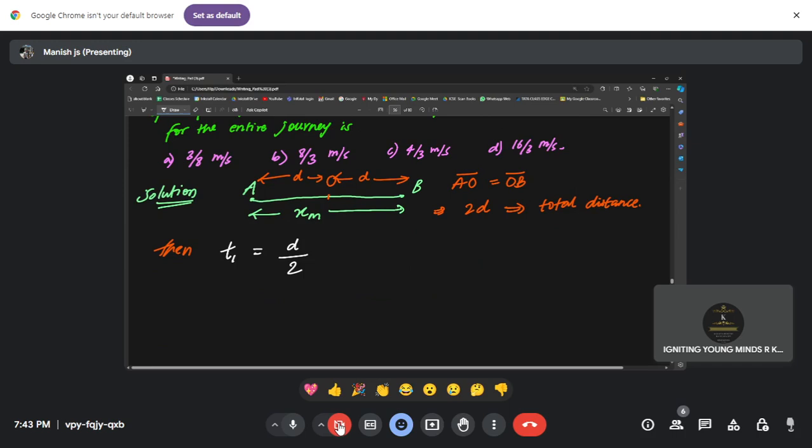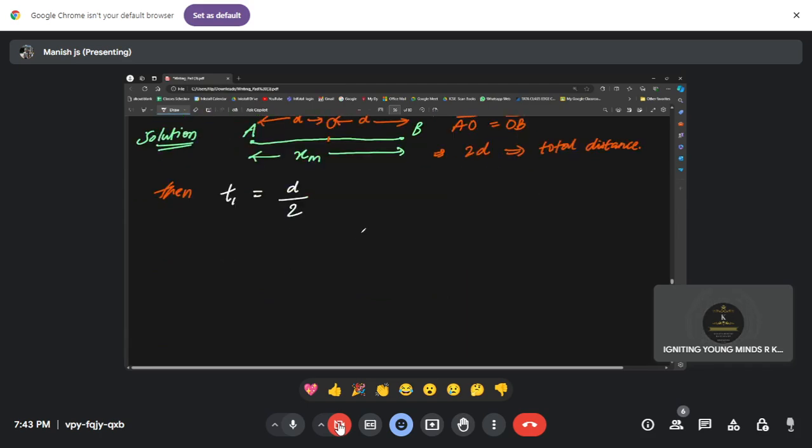So T1 is equal to D by 2. Similarly, the total distance is nothing but 2D.